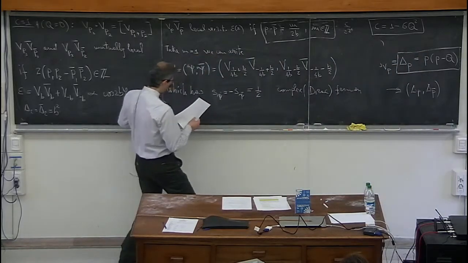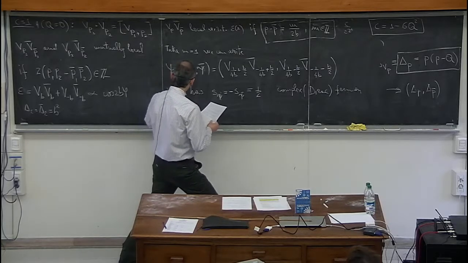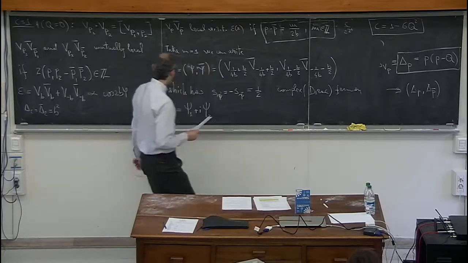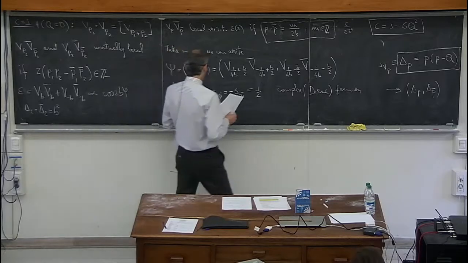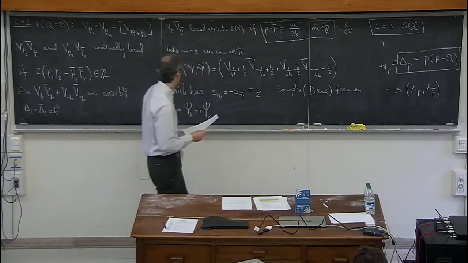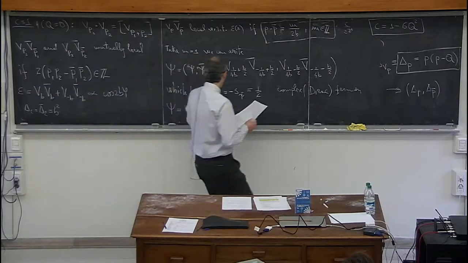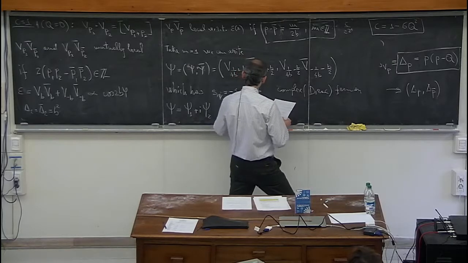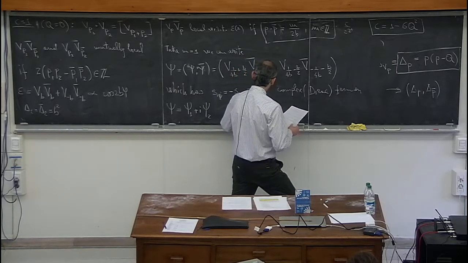Starting from this complex fermion, you can define, of course, two real fermions, psi1 and psi2. So these are real fermions, also called Majorana fermions. And each of them, again, has two components, so psi equals psi, psi bar.